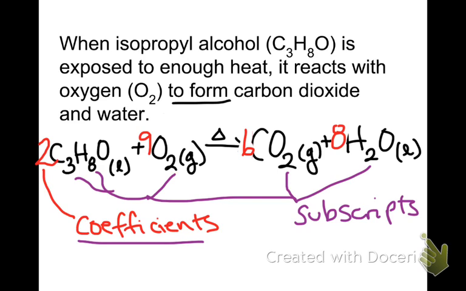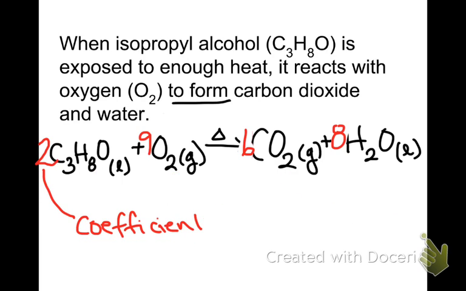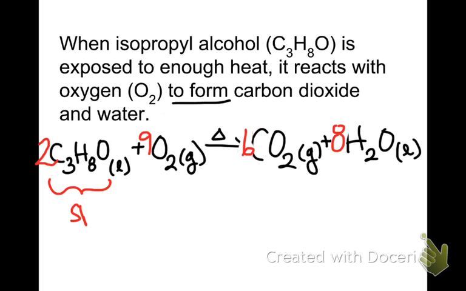Okay, and then you have each of these compounds. I'm going to clear this up a little bit. Each of these specific substances is called a species. So you have 4 species in this reaction. You have 2 reactant species, isopropyl alcohol and oxygen, and those are separated by the plus sign.